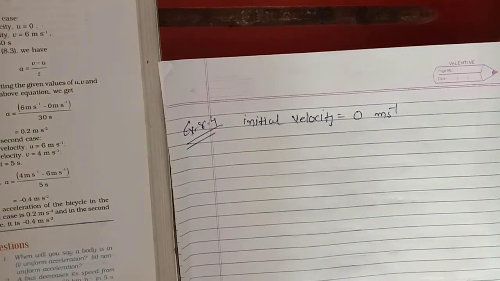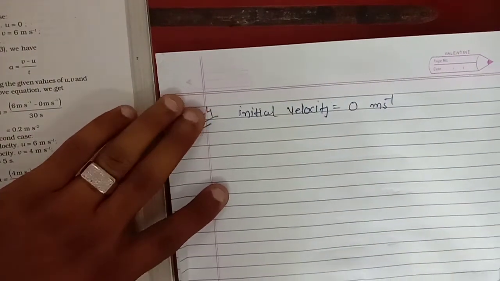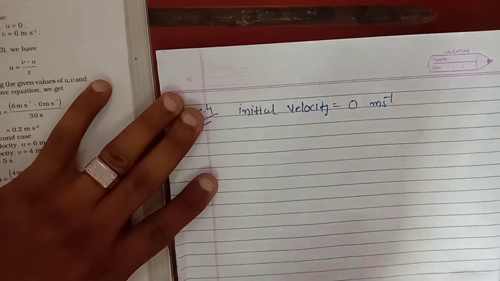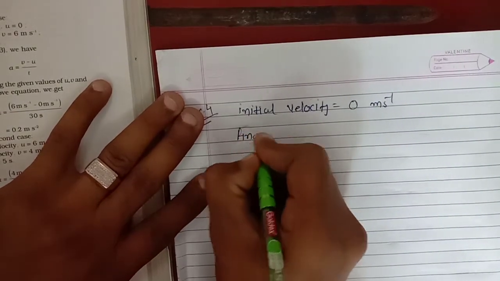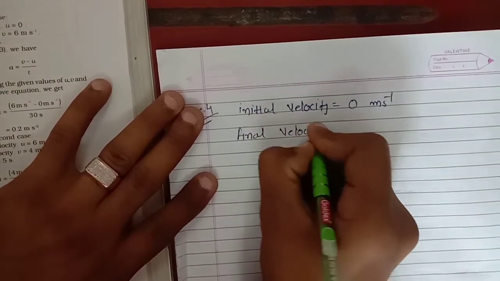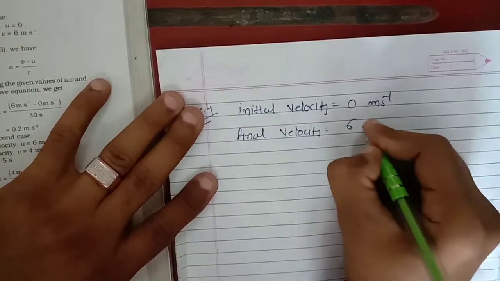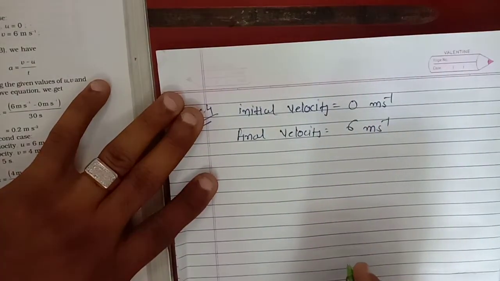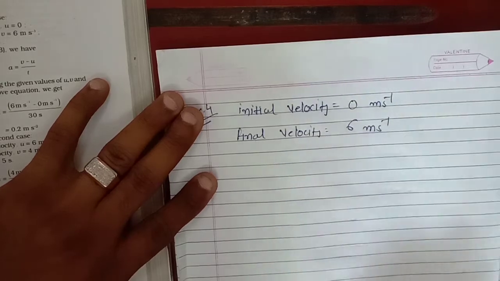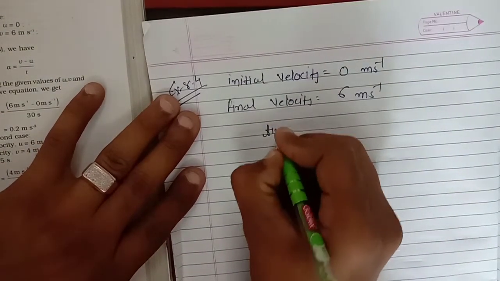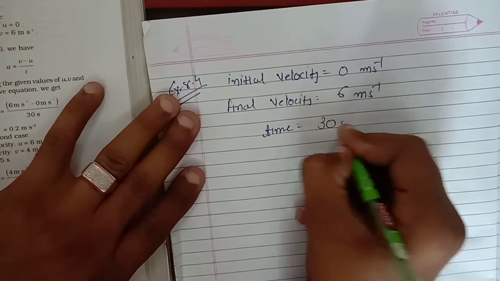Rahul pedals his bicycle to attain a velocity of 6 meter per second in 30 seconds. Final velocity is equal to 6 meter per second. And time needed is 30 seconds.